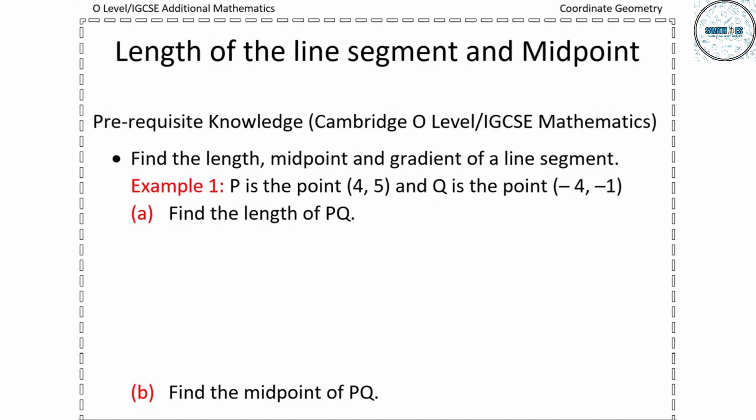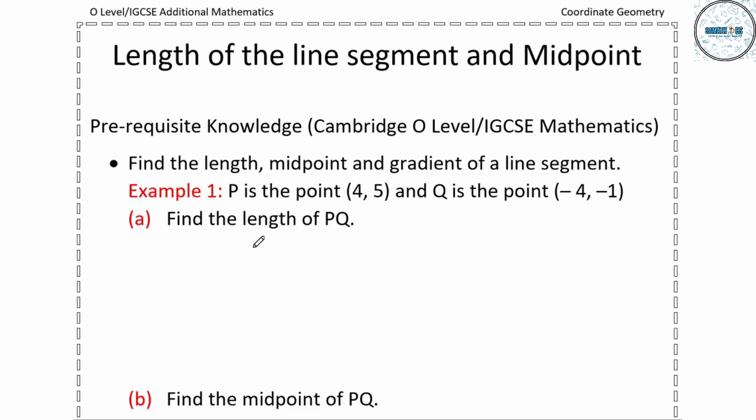Let's do an example of finding out the length, midpoint, and gradient of the line segment. P is the point (4, 5) and Q is the point (-4, -1). Find the length of PQ. The formula for the length of PQ is the square root of (x2 minus x1) whole squared plus (y2 minus y1) whole squared.